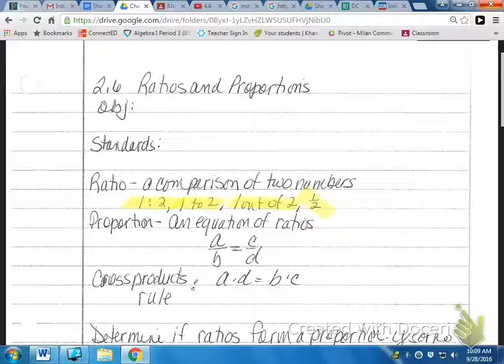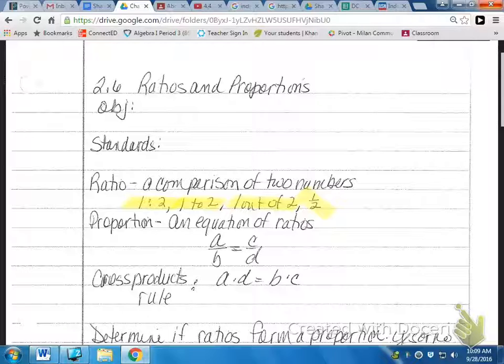That's what we'll mostly use. Those are all ratios. Okay, so just be aware all of those things really mean the same thing. But we are dealing with mainly the last one, 1/2.